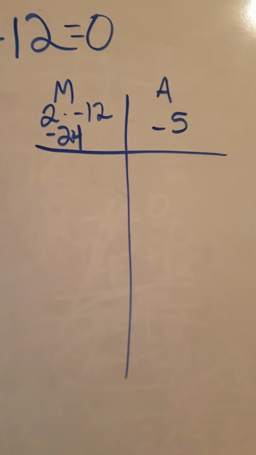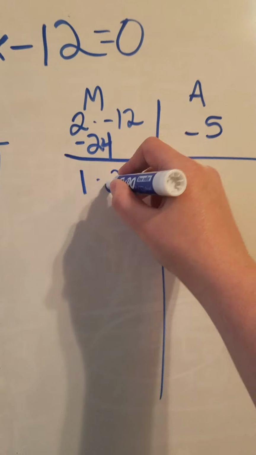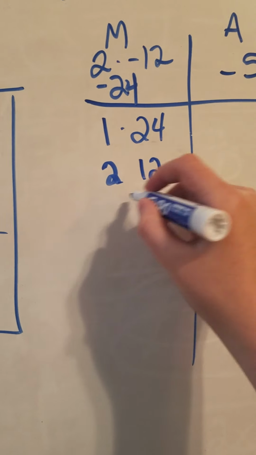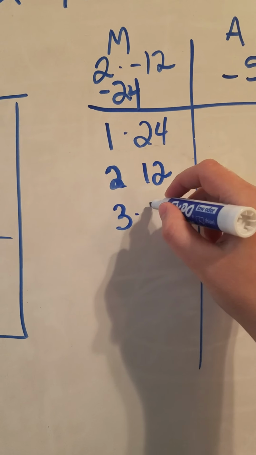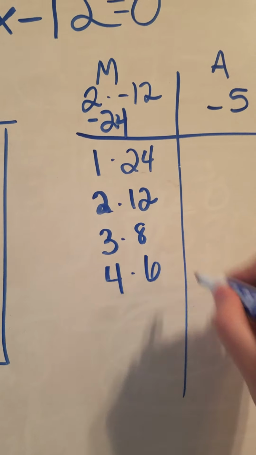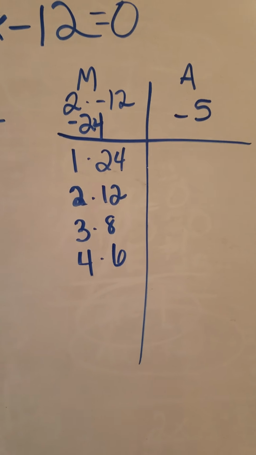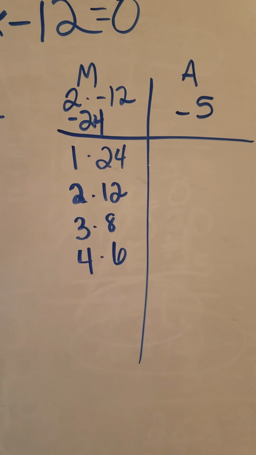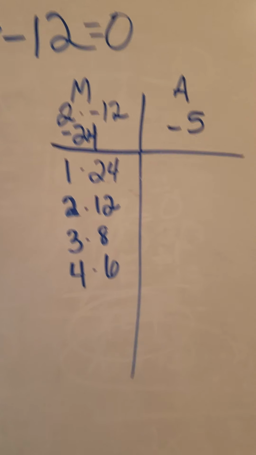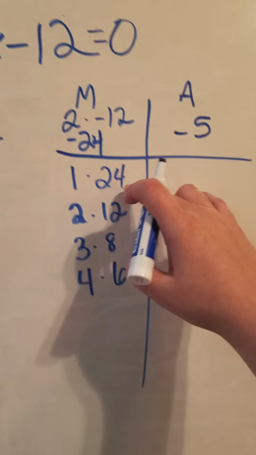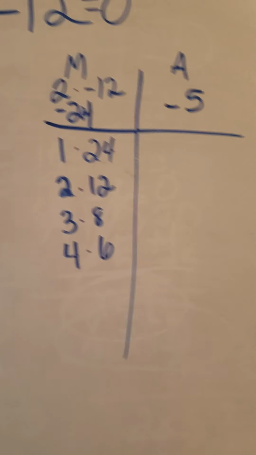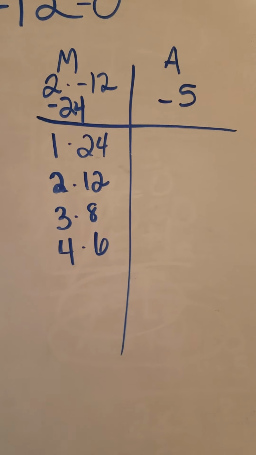So let's start at the beginning. 1 times 24, I have 2 times 12, I have 3 times 8, 4 times 6. Now, I do need a negative 24 and I need a negative 5. So that means whichever pair I pick, one of the numbers must be negative. And when those add up, they have to give me a negative 5.